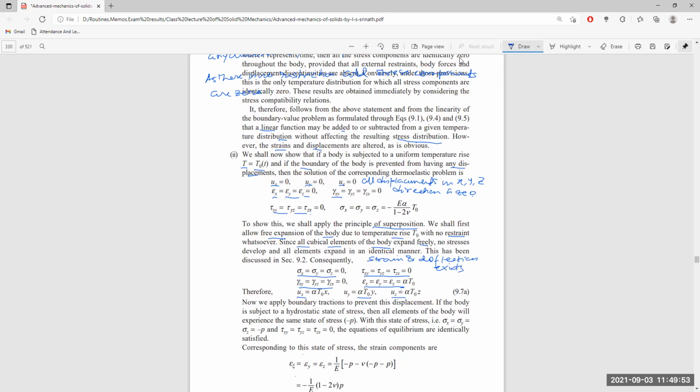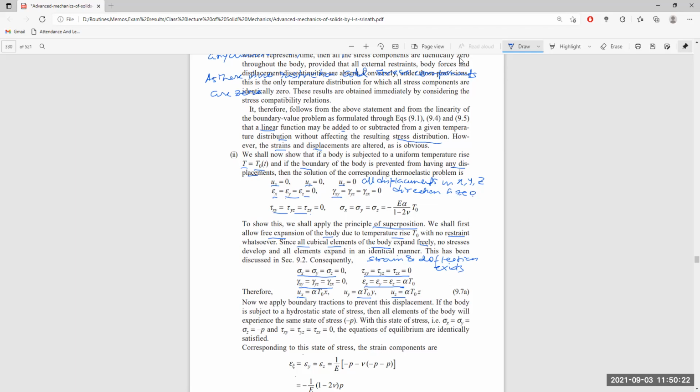Now, if we apply the boundary traction to prevent the displacement, the body is subject to a hydrostatic state of stress, then all the elements of the body will experience the same state of stress. P is equal to minus stress. As it is a hydrostatic stress, like a body immersed in water where stress is the same in all directions and it is compressive in nature.